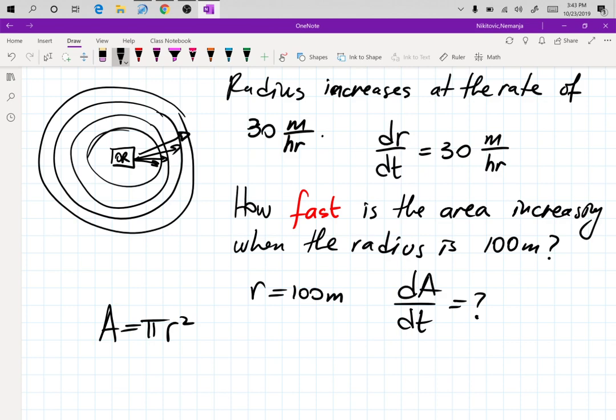So area is changing about 18,000 square meters an hour. Pi is about 3, so 3 times 6,000 is 18,000.